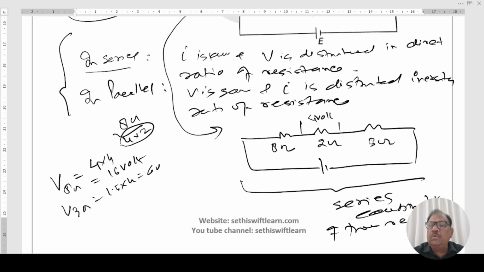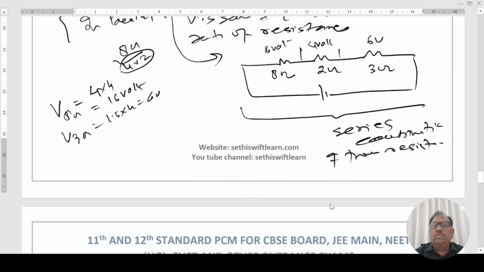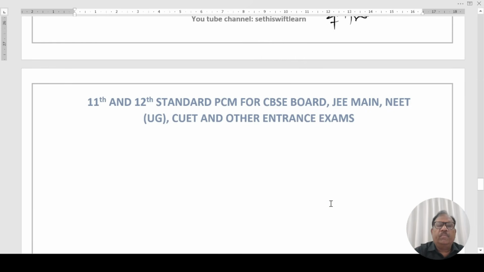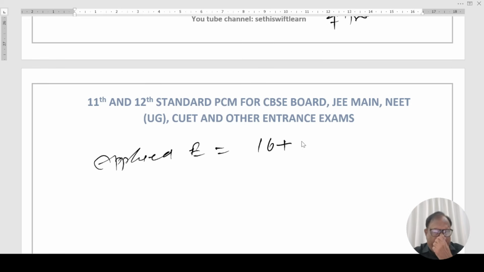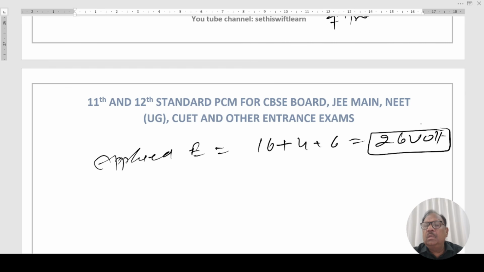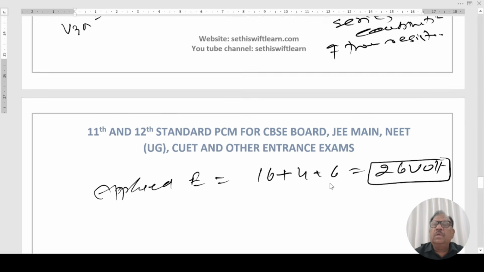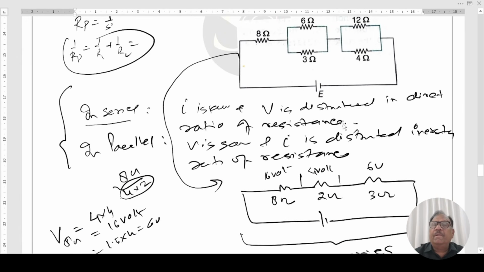So this will be 6 volt, this will be 16 volt. Therefore, applied EMF will be 16 plus 4 plus 6, that is 26 volt. Internal resistance considered 0, right?